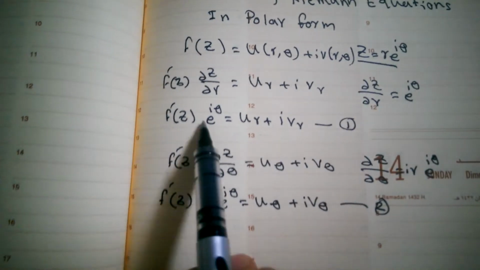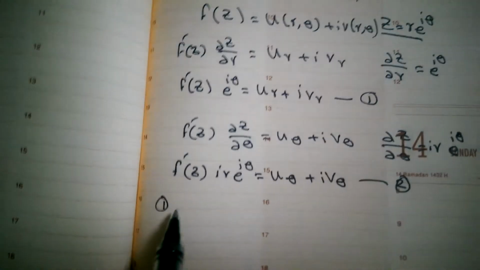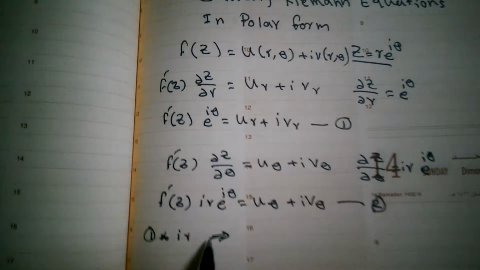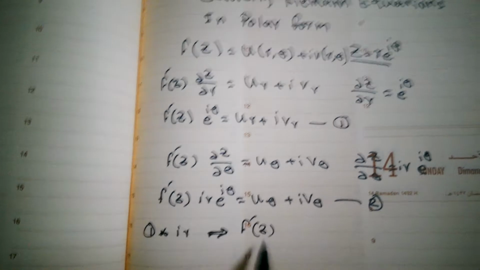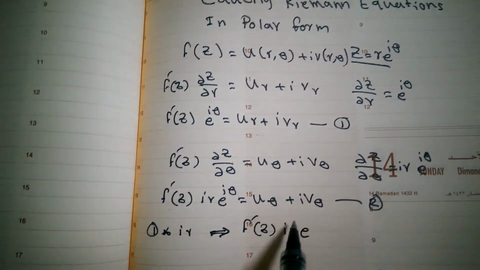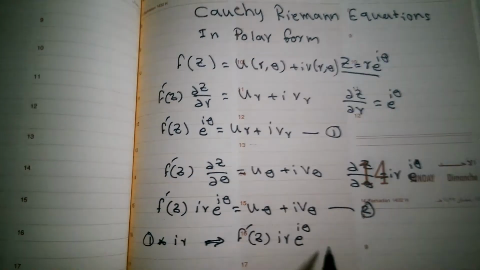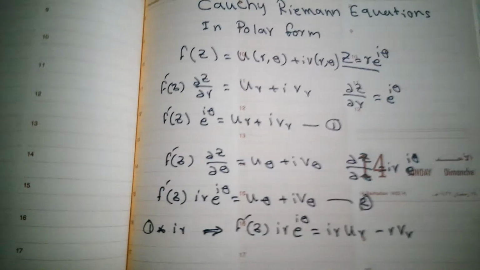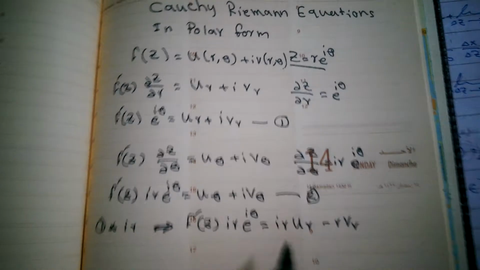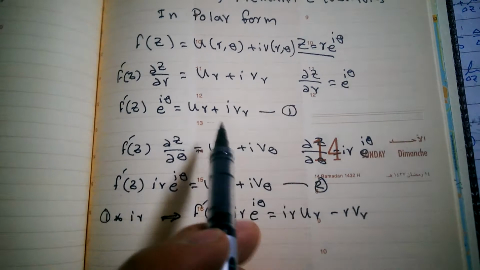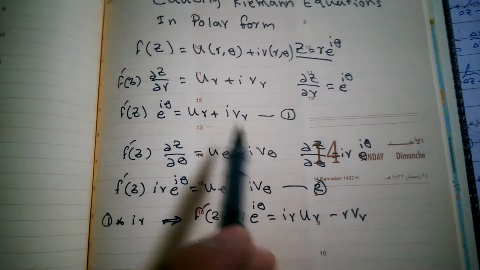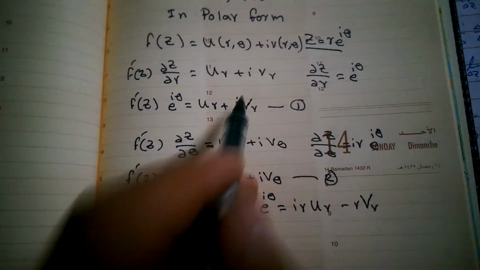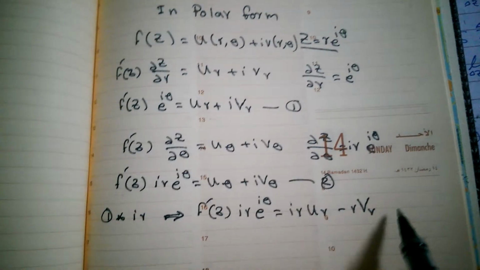There is i r in equation 2, but no i r in equation 1, so we multiply equation number 1 by i r, and we get equation number 3: f dash of z i r e to the power i theta is equal to i r u r minus r v r, because i times i is minus 1 here, and r is constant, r v r, because it's v. So it's equation number 3.